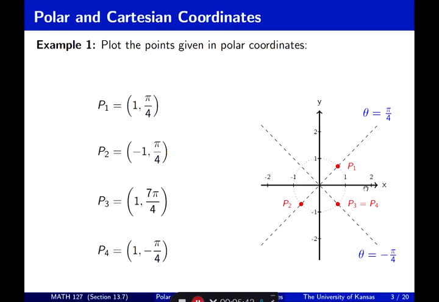You use the lines to signify the thetas, and the circles to signify different r's, and that makes the grid on the plane for you.